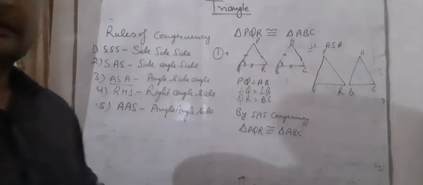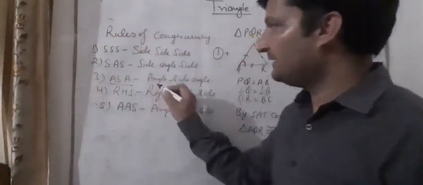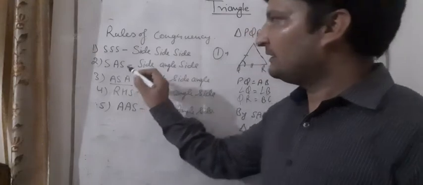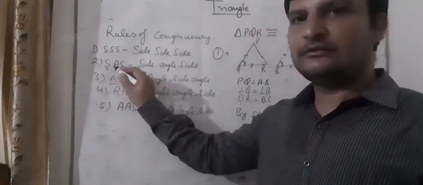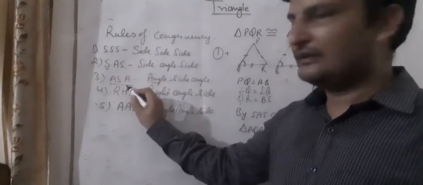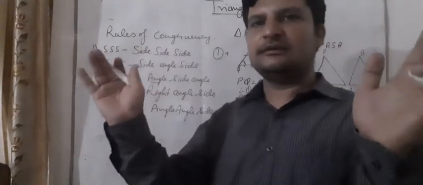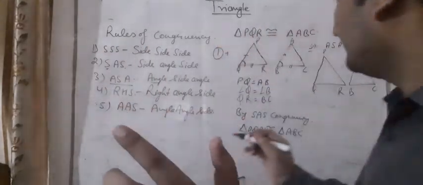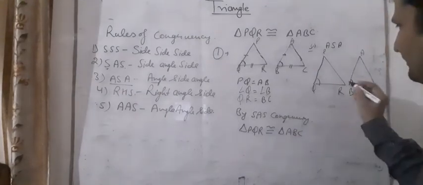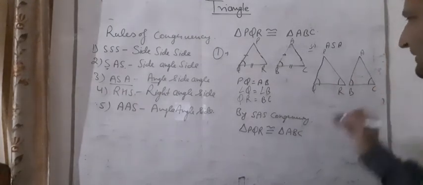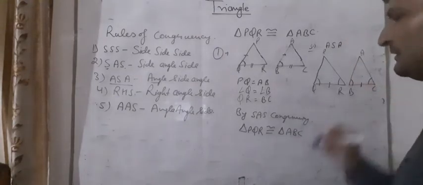Now the property is angle side angle. Students, what is the meaning of angle side angle? First, I have written angle. Earlier I told you side, included angle and side, but in this I am saying angle, included side and angle, meaning the side between the two angles should be equal. Suppose this angle Q is equal to angle B, and angle R is equal to angle C, if QR is equal to BC.